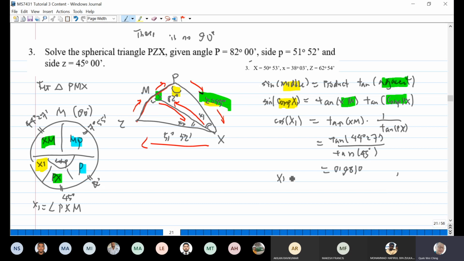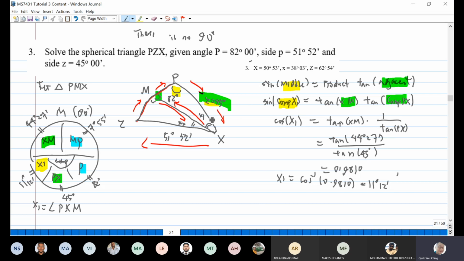So x1 is equal to cosine inverse 0.9810. So shift cosine inverse answer, and you get 11.19, which is 11 degree 12 minutes. So x1 is actually 11 degree 12 minutes.